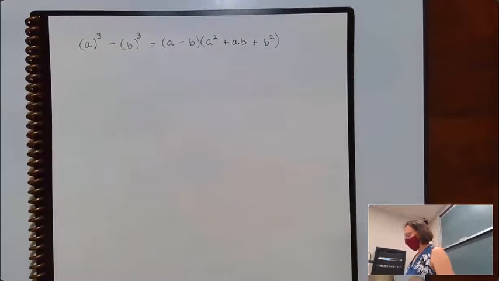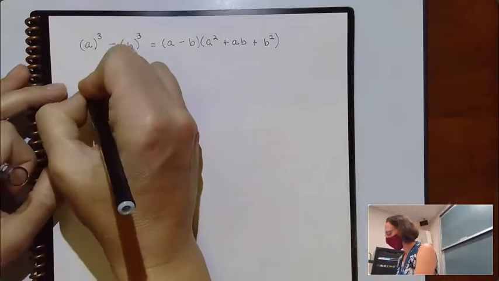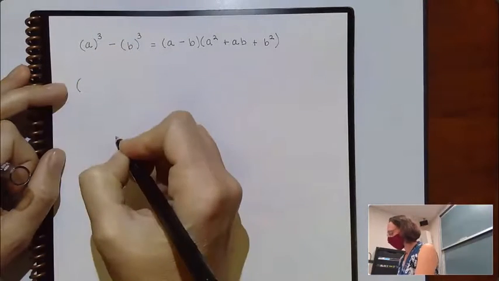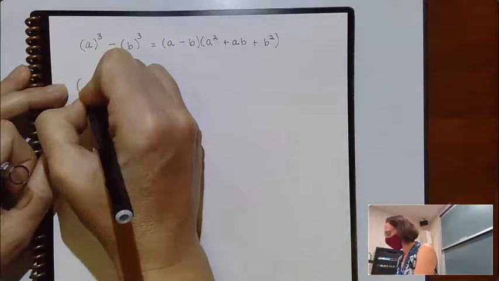I'm not going to use A's and B's this time. I'll use different letters. I'm going to already have done the factoring for us.